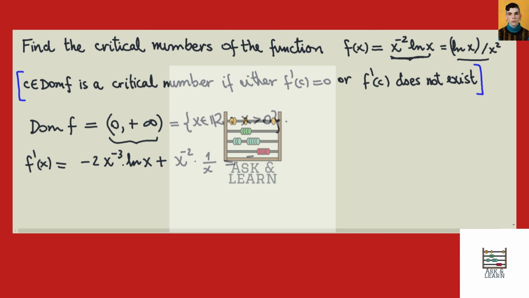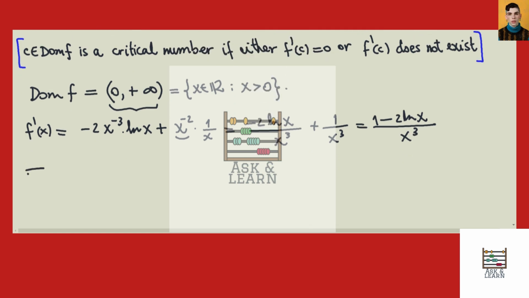And this is the same as negative 2 natural logarithm of x over x cubed plus, this negative power we put in the denominator and we get 1 over x cubed. So this is the same as 1 minus 2 natural logarithm of x over x cubed. That is, the first derivative is equal to 1 minus 2 natural logarithm of x over x cubed.